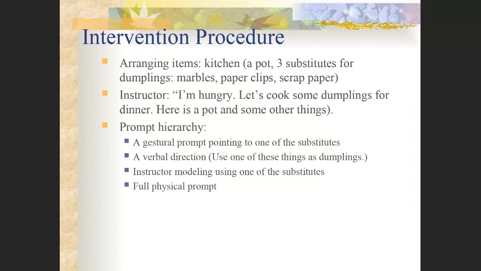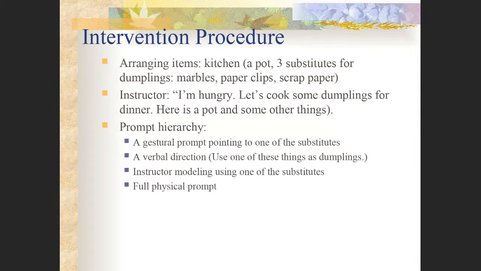We point to those potential substitutes and say, you can use one of these things as dumplings. If the child doesn't respond, we provide instructor modeling. The instructor will say, let me cook some dumplings, and model the play behavior using one of the substitutes. The child usually starts imitating the instructor.